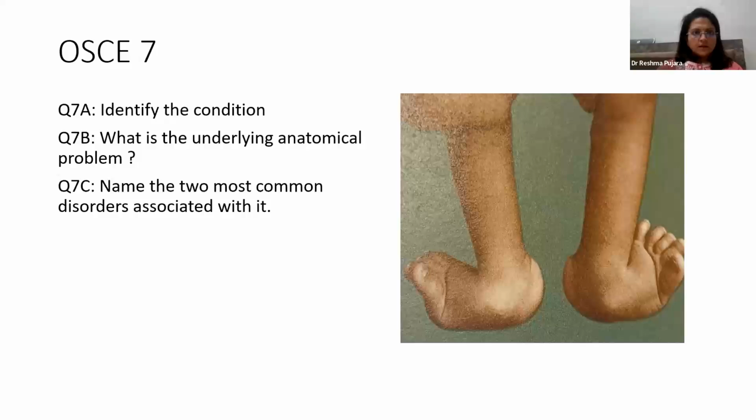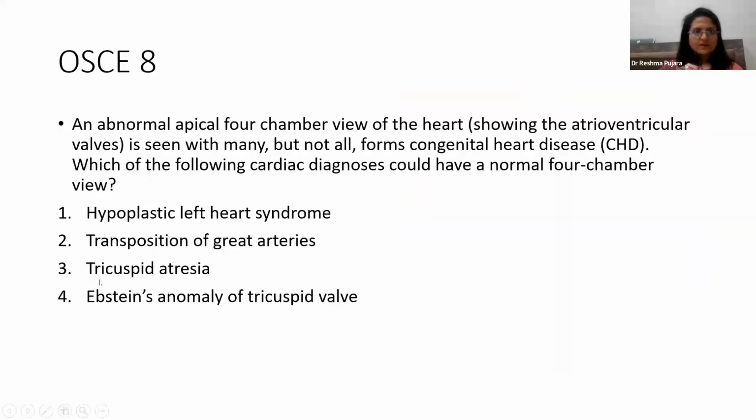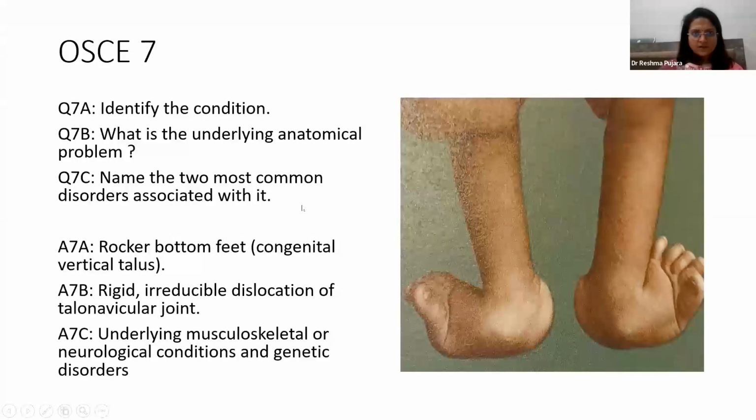Okay. Name two most common disorders associated with this condition, rocker bottom feet. Oh, sorry. I already clicked the answer. Edward, Patau. Okay, fine. So this is rocker bottom feet, congenital vertical talus.